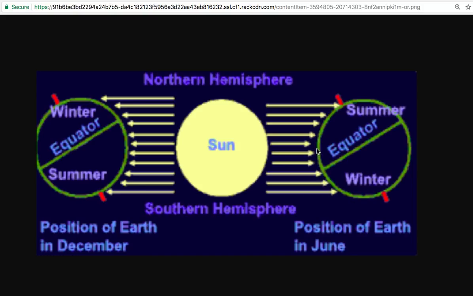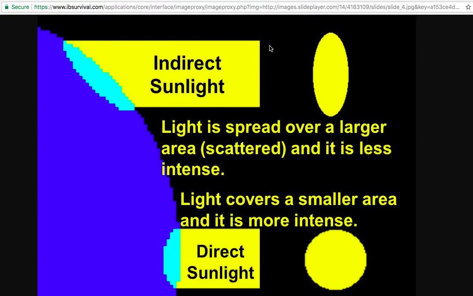And then on the opposite end, in the summertime, there's much more intense sunlight in the northern hemisphere versus in the southern. And it's not just about the number of rays, it's about a specific amount of sunlight getting spread over a given area. Now, this is a pretty bad picture, but I think it does the best job of illustrating this process.